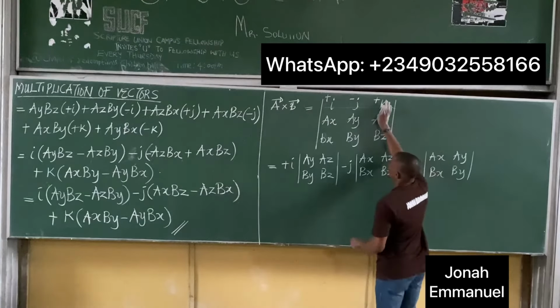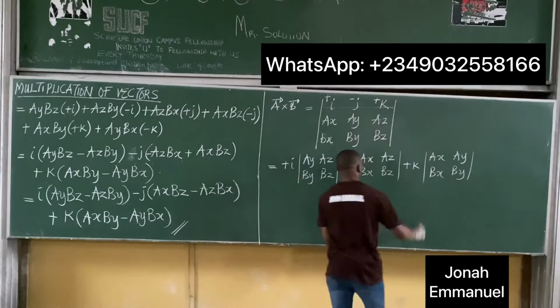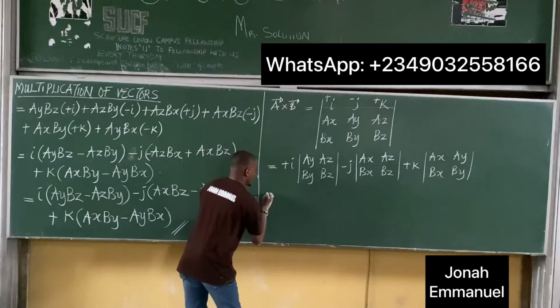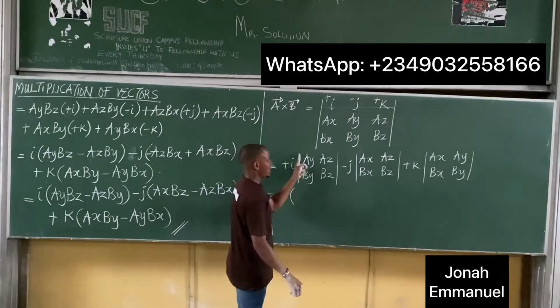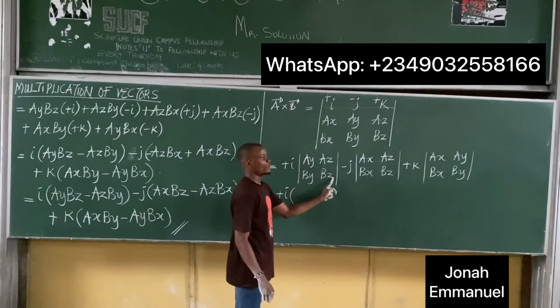So we have this, right? To solve this one, that's equal to plus I into, for this, we said elements in the principal diagonal will multiply.